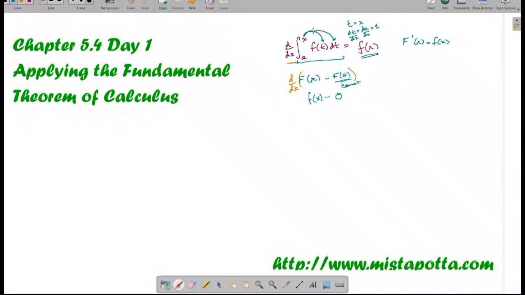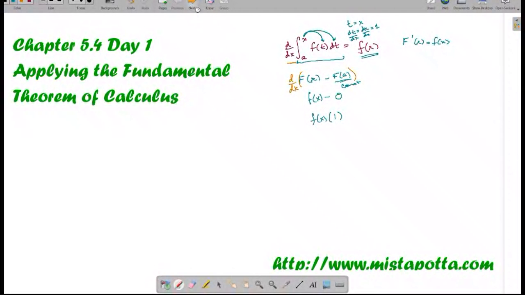So in other words, I truly was substituting a 1 in here. This really is f of x times 1. But as we do so often in algebra, we don't write when we're actually multiplying by 1.